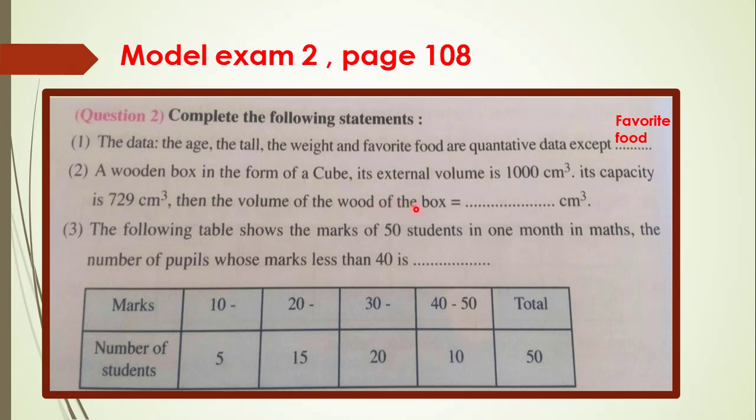This is an empty, hollow box. So the volume of the wood of the box means the external volume minus the internal volume. So the result will be 271. 1000 minus 729 equal 271.